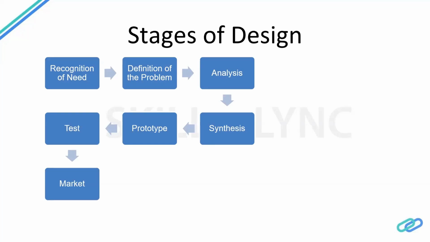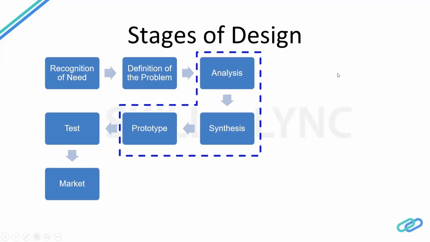Where does computer aided engineering become relevant in the product development process? Roughly it covers the analysis, synthesis, and prototype building phases, where our dependency on building a prototype and testing it to assess the performance of our design or product has become less and less with the advent of computer aided engineering.